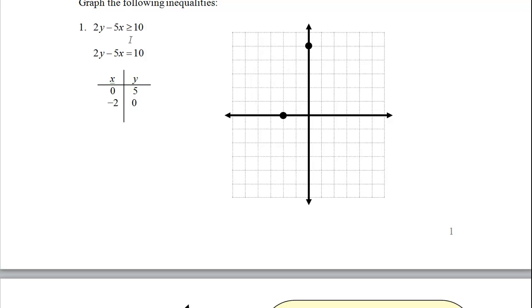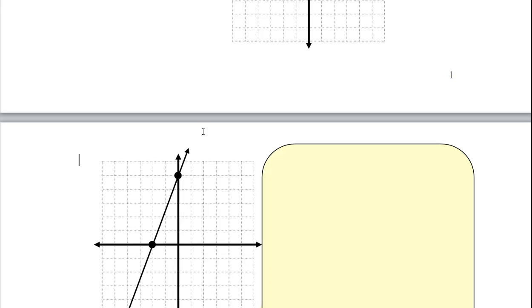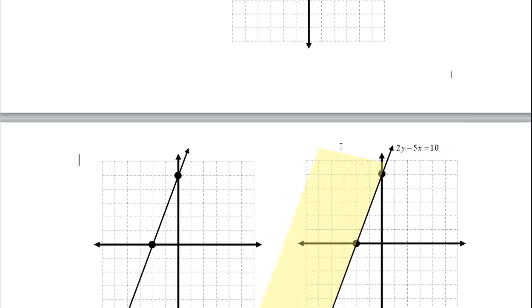You have to make a decision. Is 0 greater than or equal to 10? Hopefully you said false. So if the statement is false, then I shade the opposite side. I chose my test point here, so that means I'm going to shade this side over here. And you just shade.